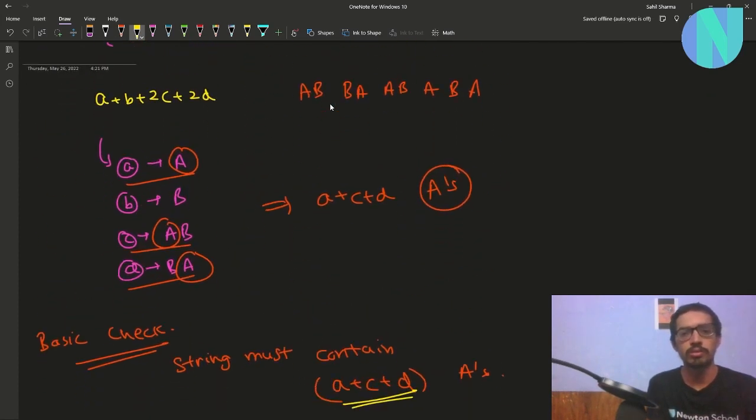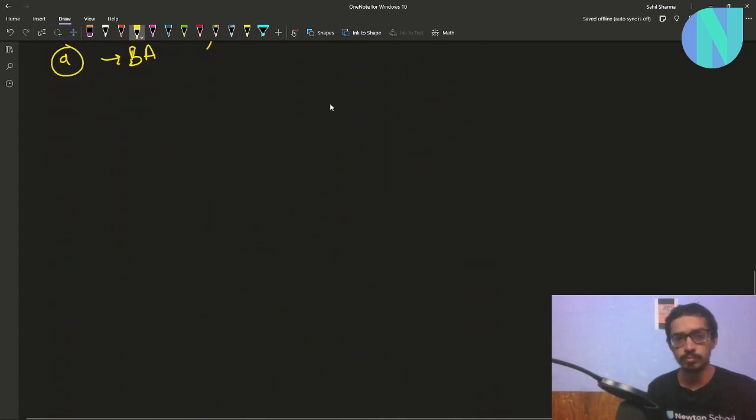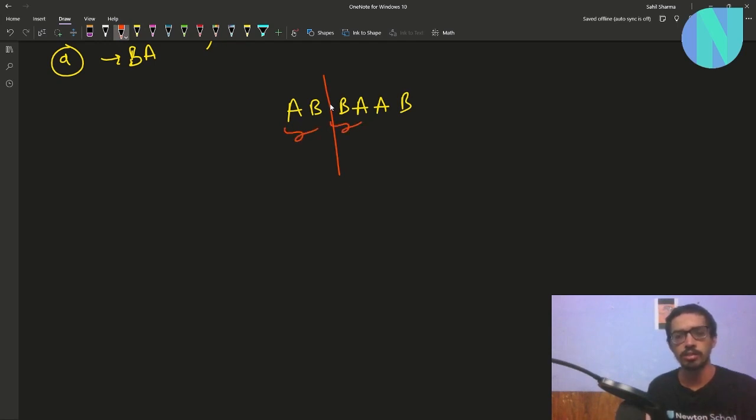For example, if we are given the string A B B A B, then I can surely split it here and say that these are two different strings, because AB and BA don't have two consecutive same letters.